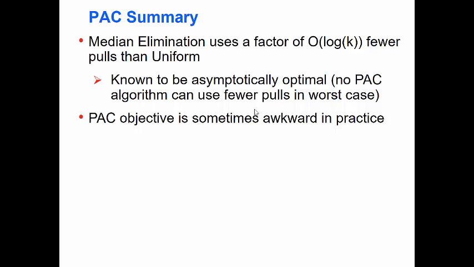These theoretical results always have to handle the worst case, and so for that reason they're always going to be larger than you want. That's just a fact of life. But they can often give you good intuition.